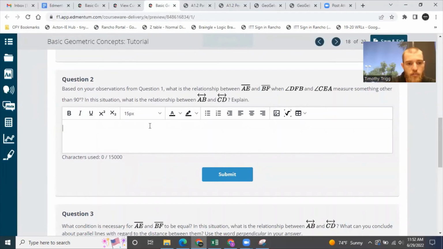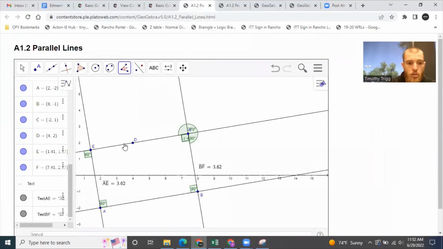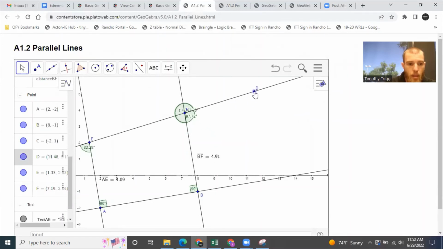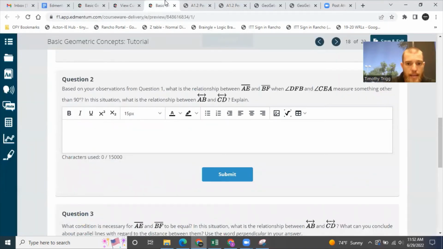Based on your observations from question 1, what is the relationship between segment AE and segment BF when the angles DFB and CEA measure something other than 90? In this situation, what is the relationship between line AB and CD? Okay. So when we move point D such that these are not 90 anymore, what do we notice about AE and BF?